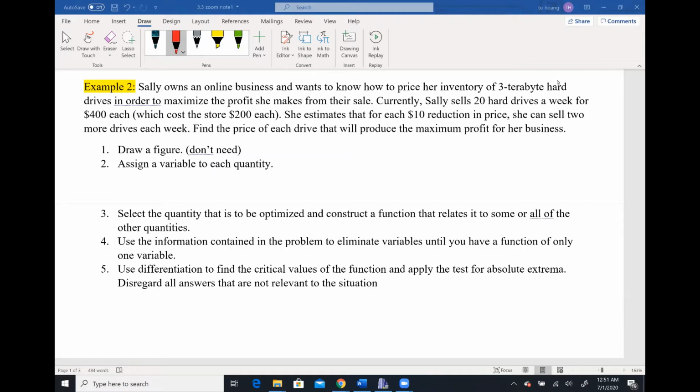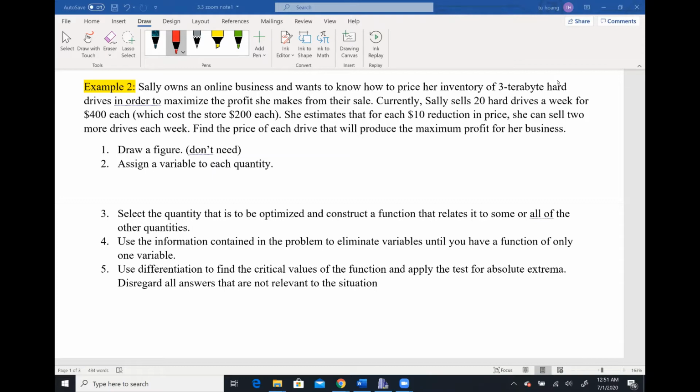So in example 2 here, for step number 1, in order to draw a figure, this is not a geometry problem, so I don't need to draw a figure in this case, and I will just go ahead and move to number 2.